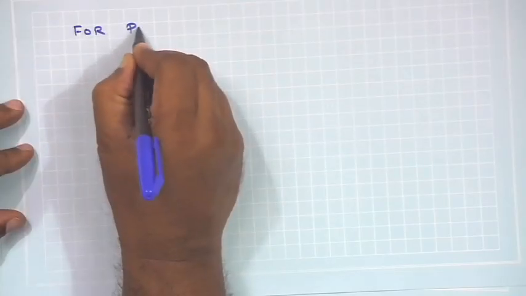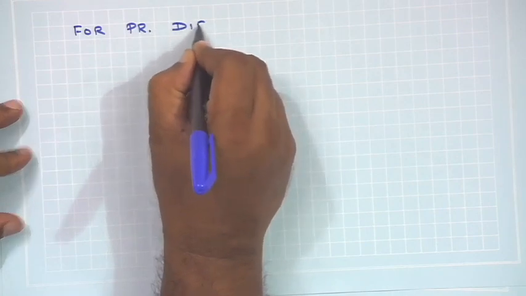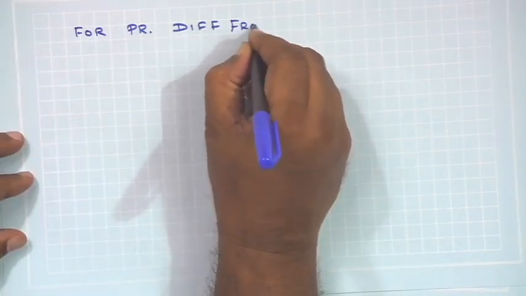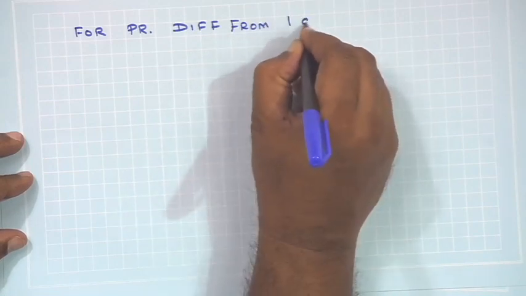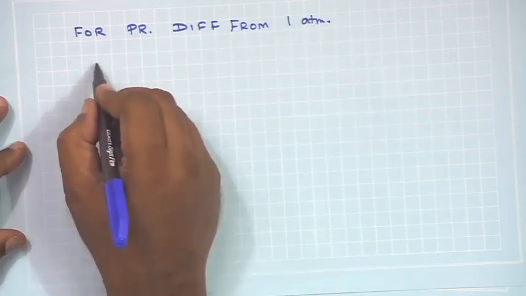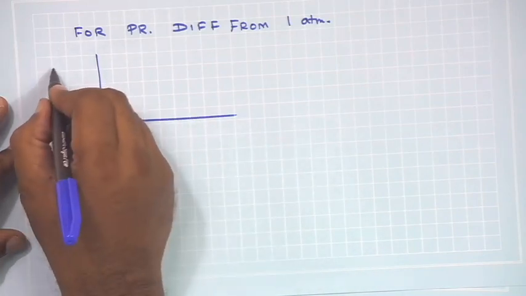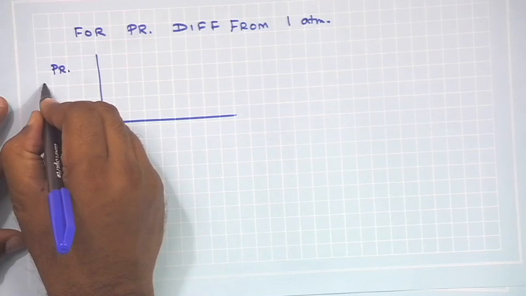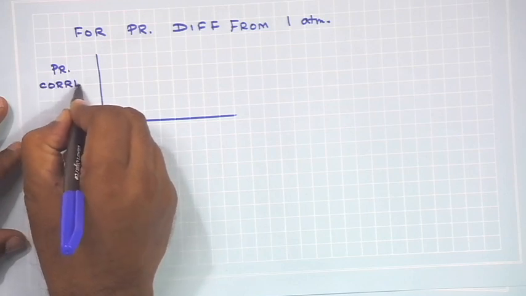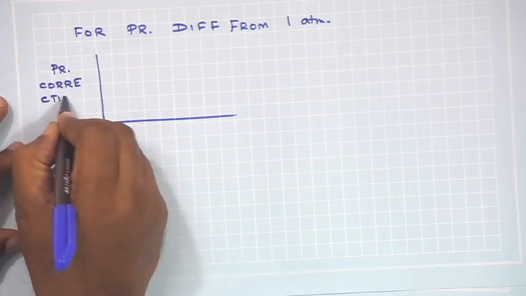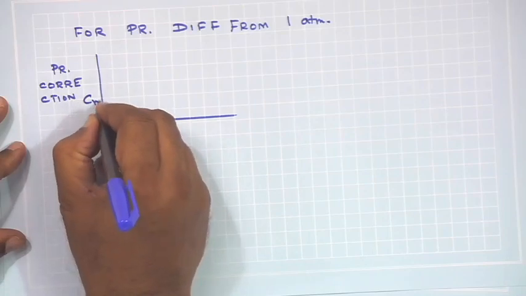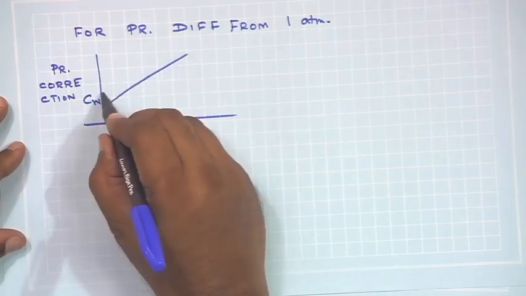So, for pressures different from 1 atmosphere, this is the figure of a pressure correction, which is C W, and you get curves like this.